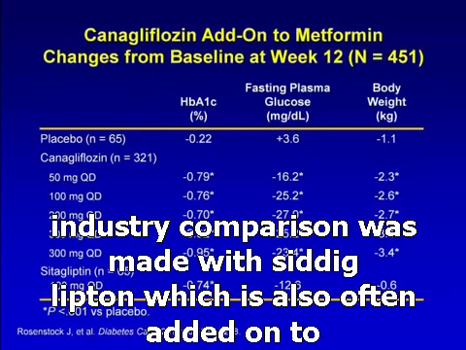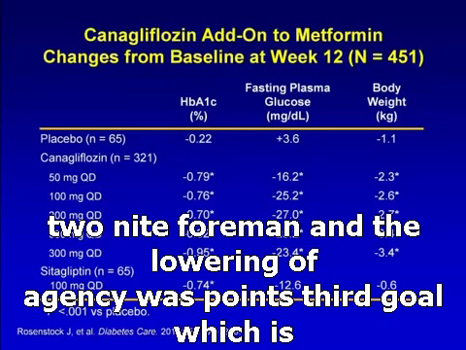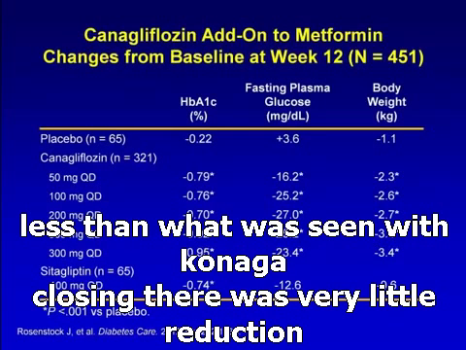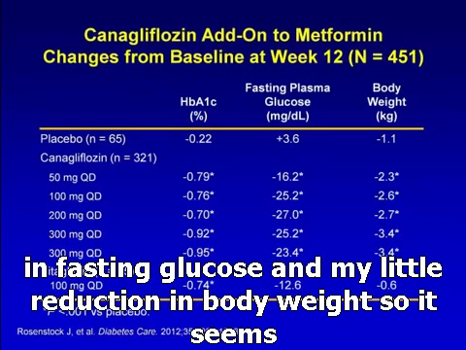dropped very little. In this study, a comparison was made with sitagliptin, which is also often added on to metformin, and the lowering of A1C was 0.74, which is less than what was seen with canagliflozin. There was very little reduction in fasting glucose and very little reduction in body weight.